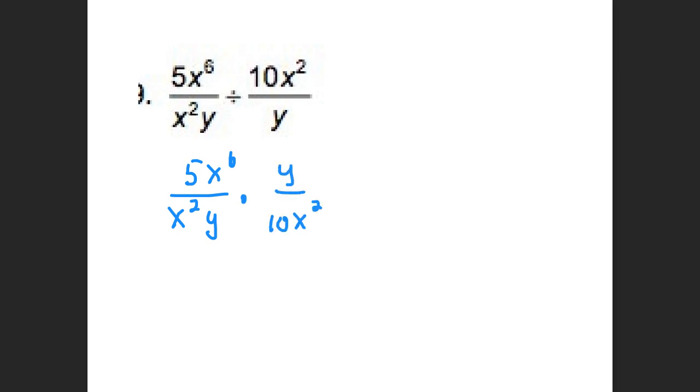Now I can start simplifying. The 5 and the 10 become a 2. I've got a y here and a y here. I have x to the 6th and x to the 4th, really, so I can cross off both of those, and that's just going to leave me with x to the 2nd.